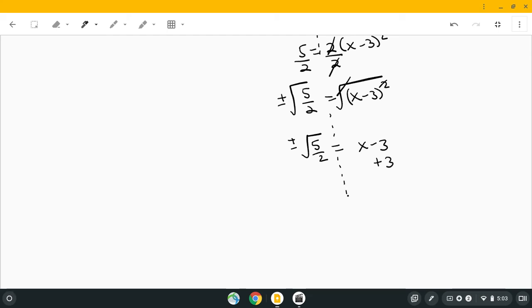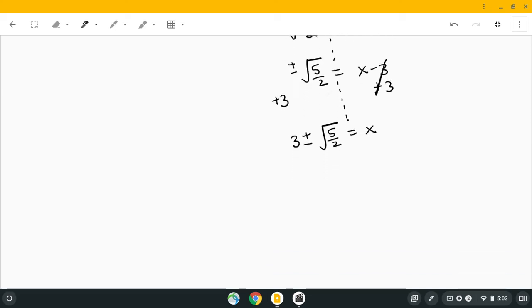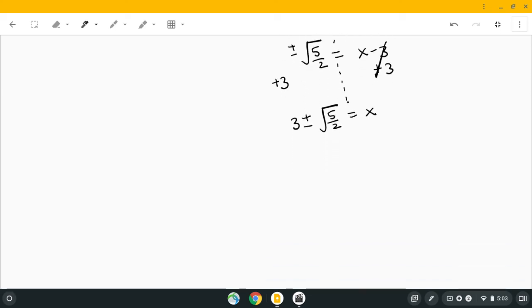Let's add 3 to both sides. So I get 3 plus minus square root of 5 over 2. Different ways to write this. I'm not sure how WebAssign will want you to write it. So you can write it as 3 plus square root of 5 halves, comma 0.